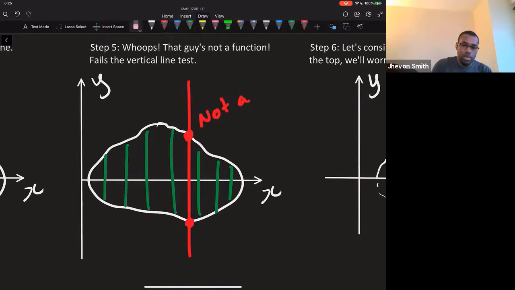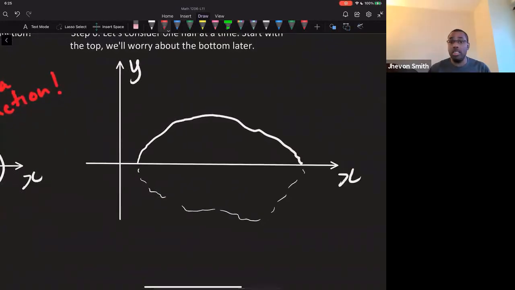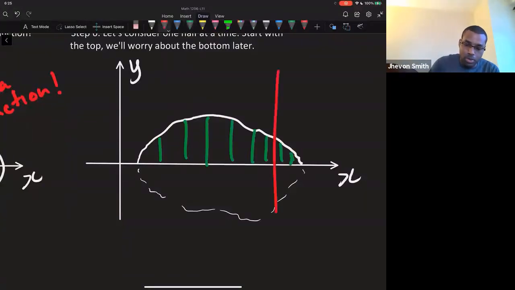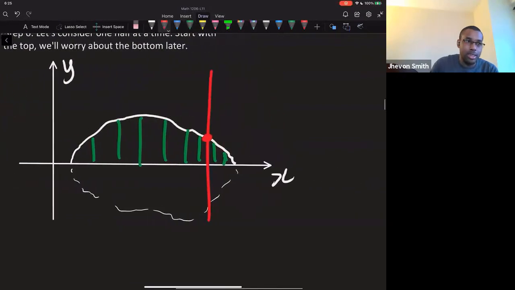Let's actually put that up here. So that's kind of a problem. To combat that, let's just look at one half at a time, right? So we can just imagine the top half, so we can have this kind of thing going on. And now this is a function because it will pass the vertical line test.